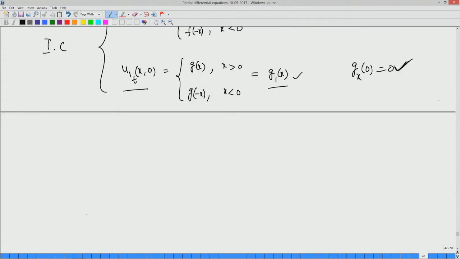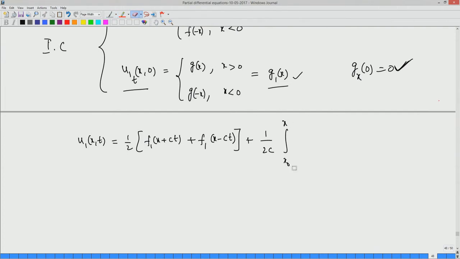So, u1 of x, t is simply the D'Alembert solution, that is f1 of x plus ct plus f1 of x minus ct, plus 1 by 2c integral from x minus ct to x plus ct of g1 of s ds.